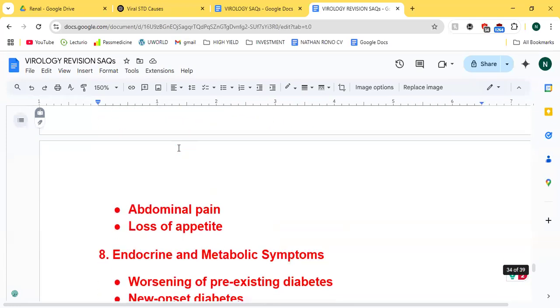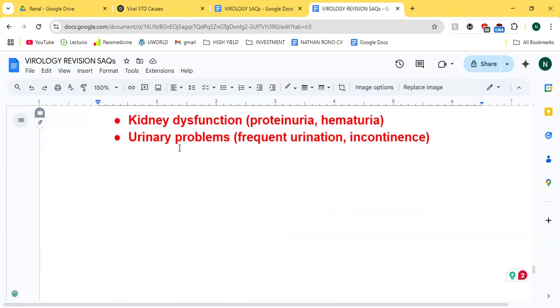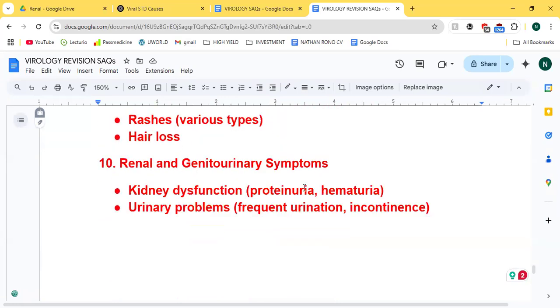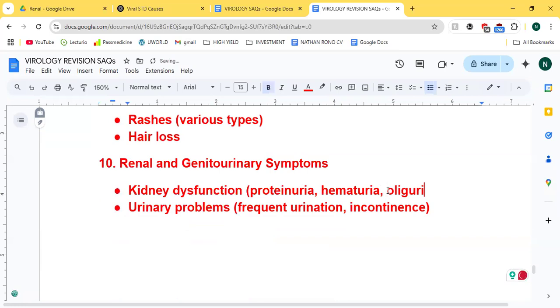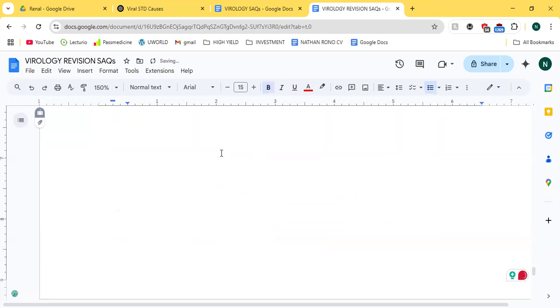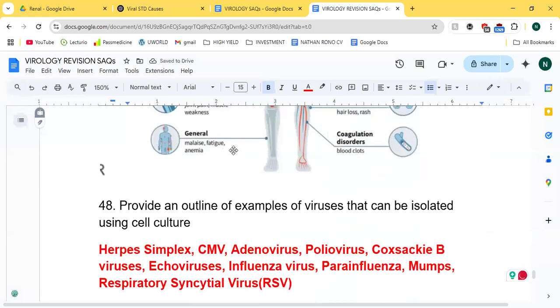You can see proteinuria, hematuria, frequent urination, incontinence. You can also add oliguria, which means low urine output. I hope that's clear.